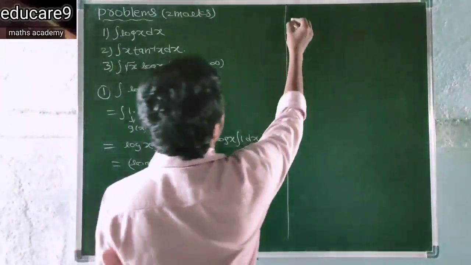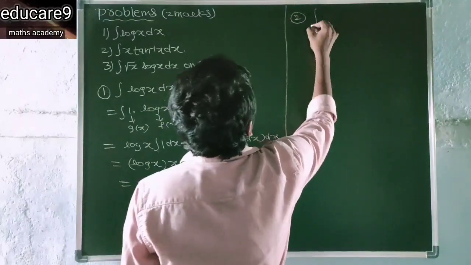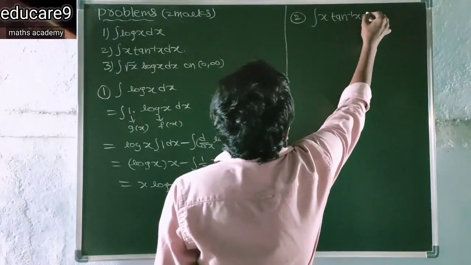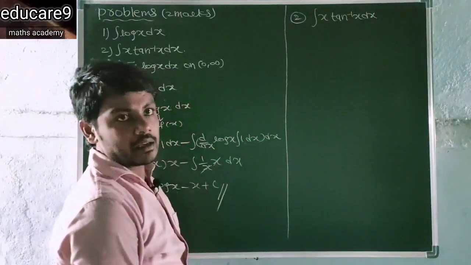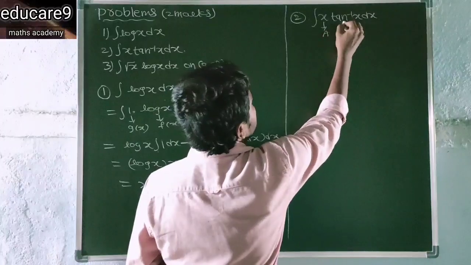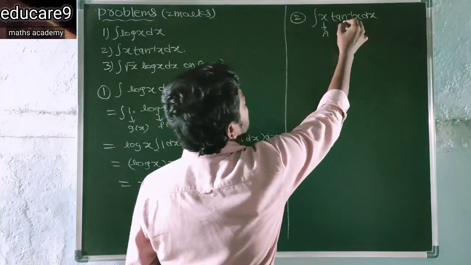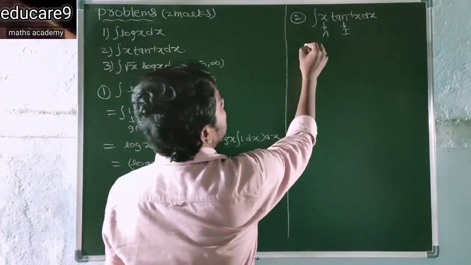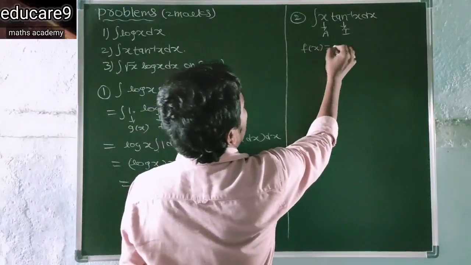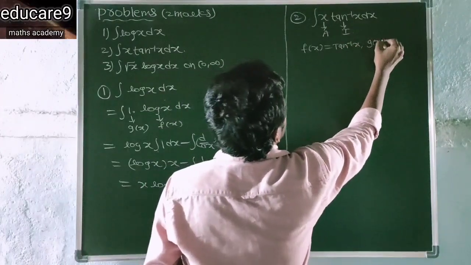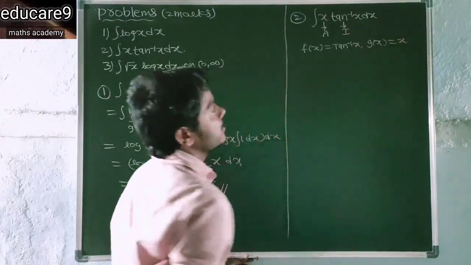So next see the second one, integration of x tan inverse x dx. Okay. So clearly this is algebraic and this is inverse trigonometry. So therefore first function is tan inverse x. So f of x is equal to tan inverse x and g of x is equal to x.